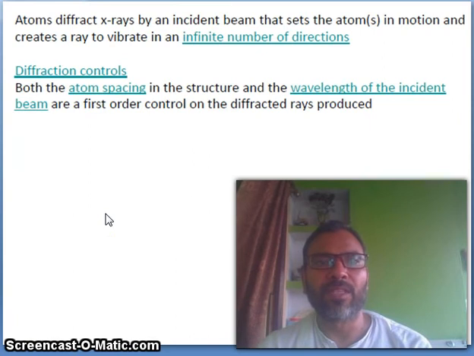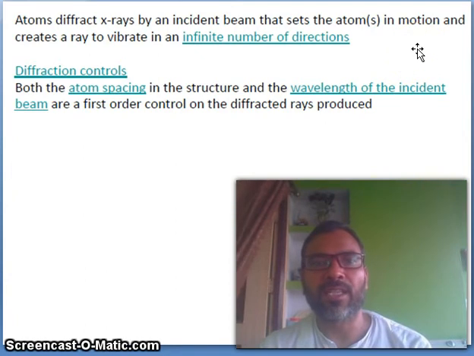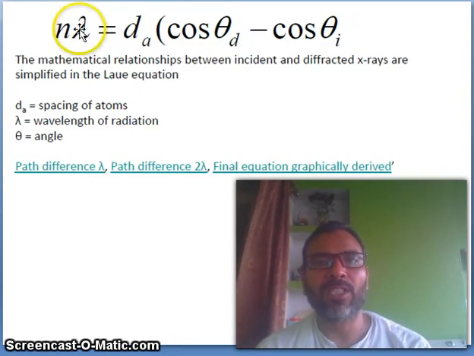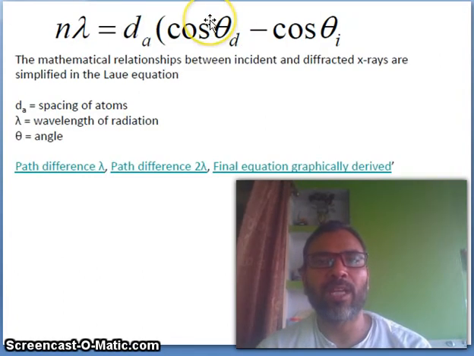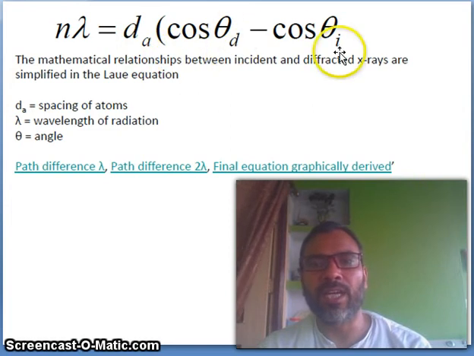Now the atoms diffract X-rays: an incident beam sets the atoms in motion and creates rays that vibrate in a finite number of directions. Both the atom spacing in the structure and the wavelength of the incident beam are first order controls on the diffracted rays produced. Now you see this formula, the basic formula: n lambda equals 2d sin theta.